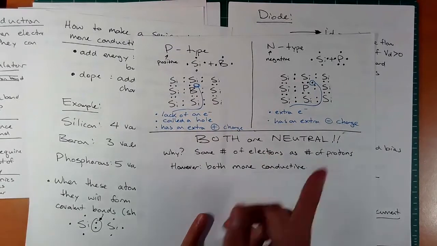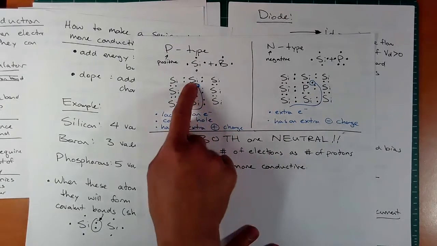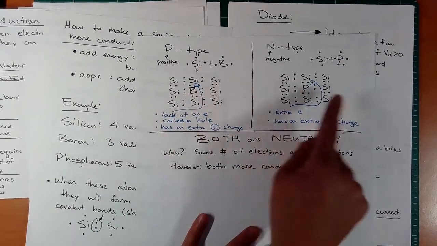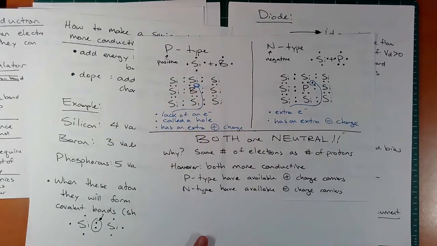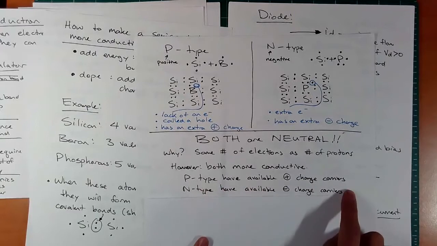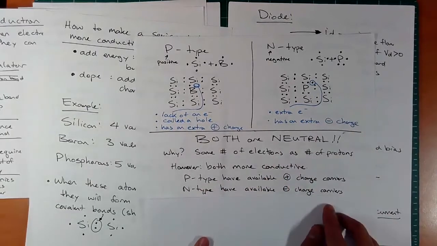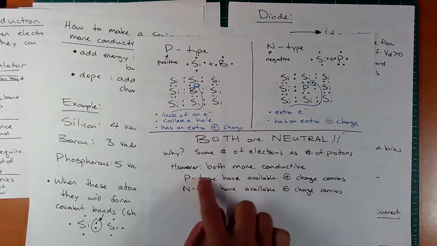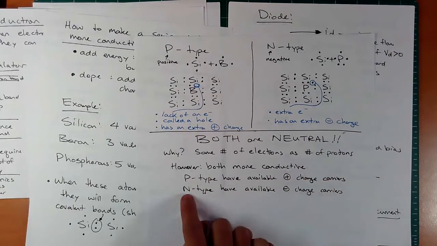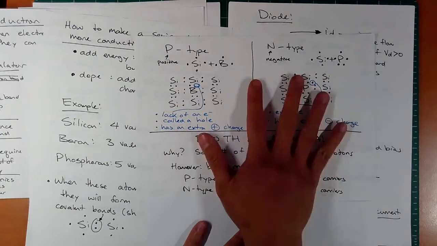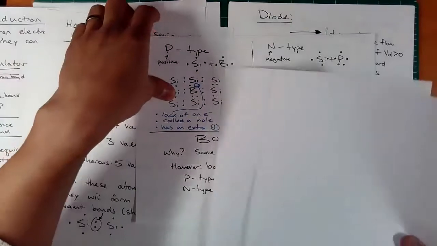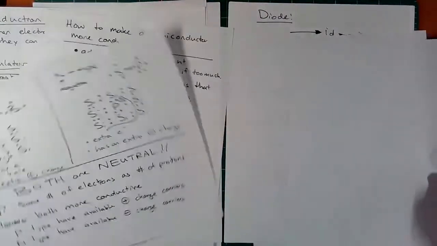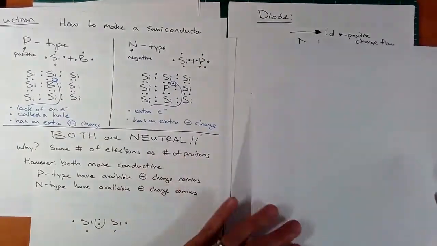However, both are more conductive because this has a positive charge that can freely move and this has a negative charge that can freely move, okay? And so hopefully this sentence confirms what I just said. P-type has an available positive charge carrier and N-type has an available negative charge carrier. Okay, good. All right, so let's look at our specific application of the diode.